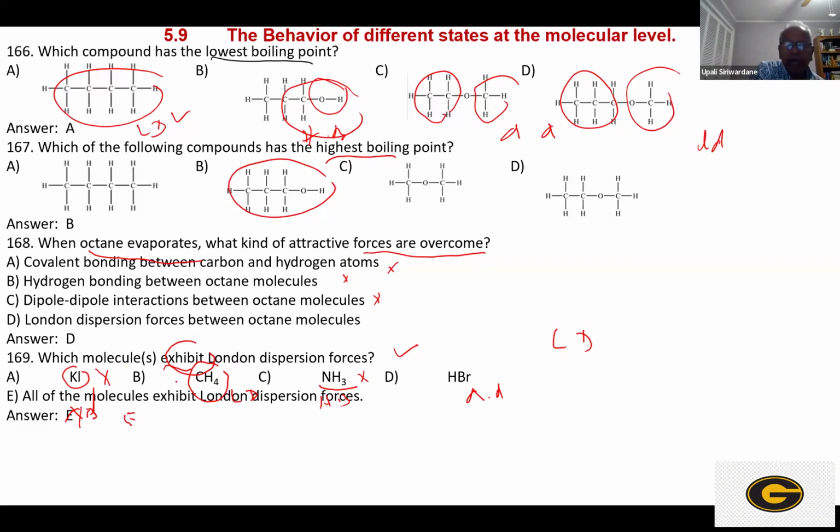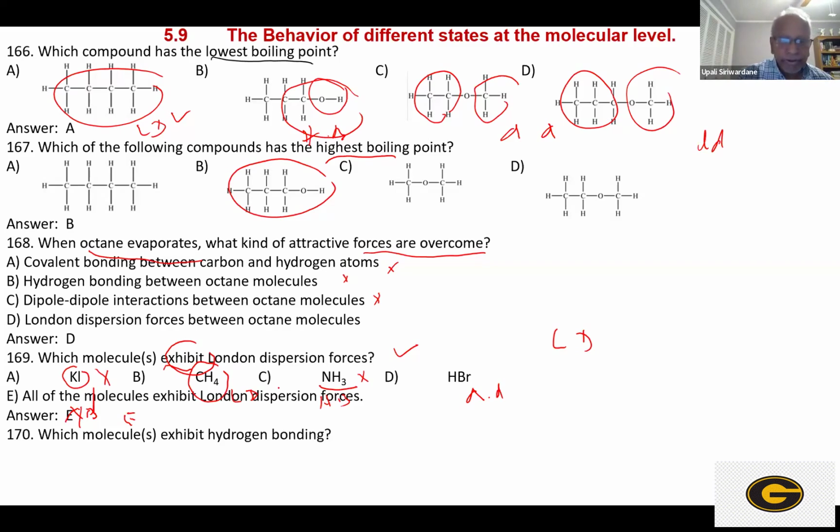When other interactions are there, like hydrogen bonding, London dispersion force is not exhibited. It's not showing up. It's overshadowed. Therefore, answer is E.